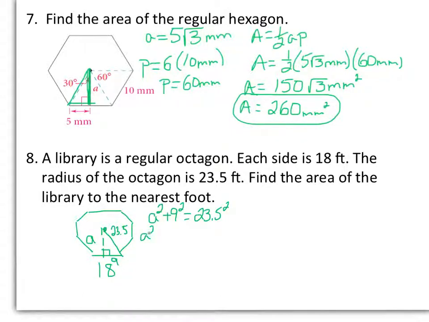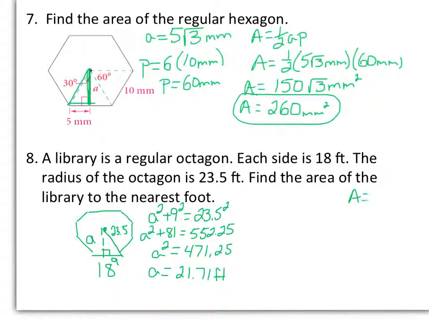So a squared plus 81 equals 552.25. So subtract 81, a squared equals 471.25. And then taking the square root, a is about 21.71 feet. Alright, so now we know our apothem.